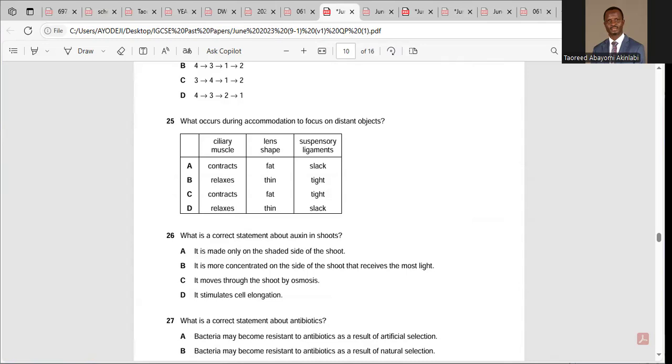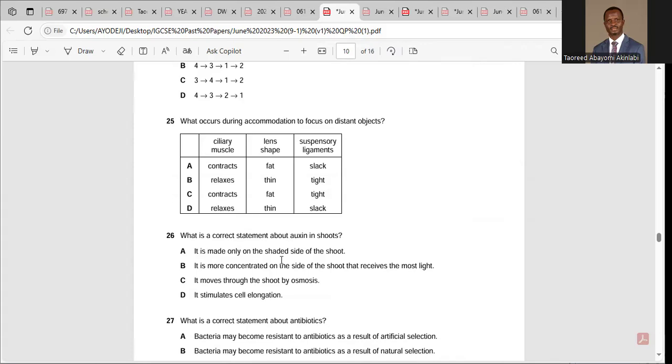When the lens gets thinner, the ciliary muscle will relax. And when the ciliary muscle relaxes, the suspensory ligaments will tighten because the two muscles are antagonistic. That means the answer will be option B for question 25.